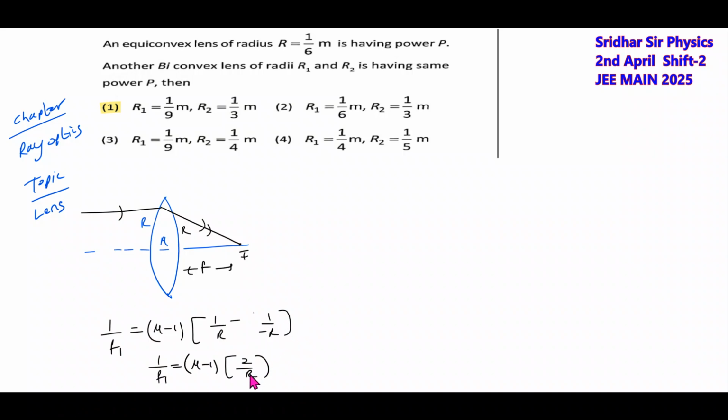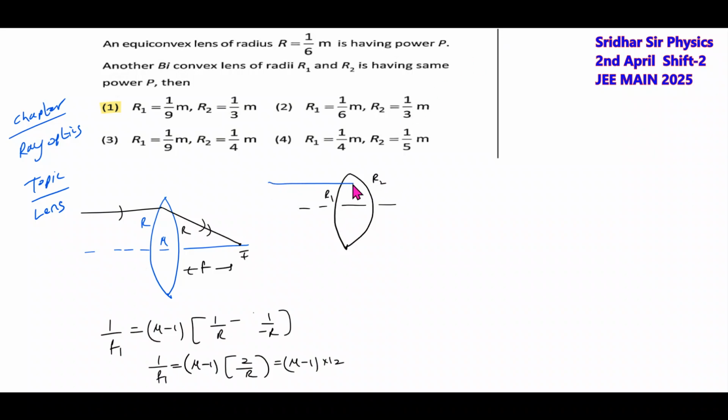Okay, this radius how much is given? 1 by 6. So this will become mu minus 1 into 12. Next, biconvex lens. It is having different radii, R1 and R2.